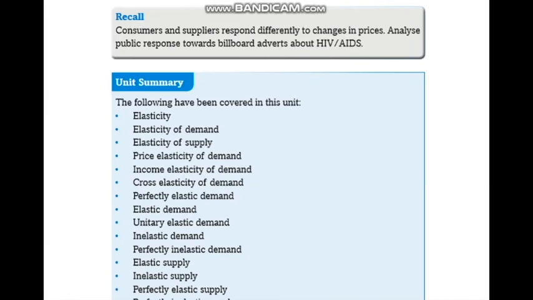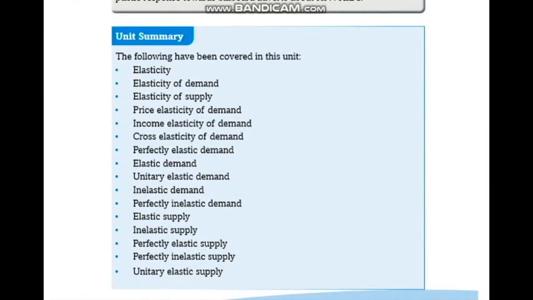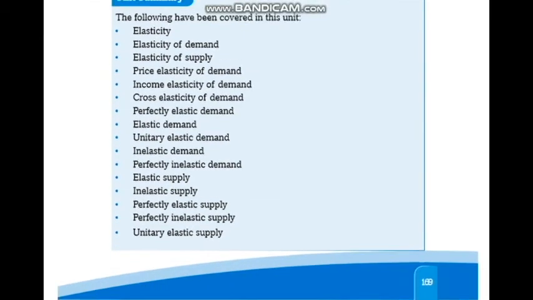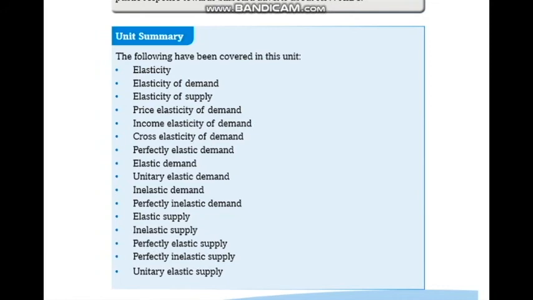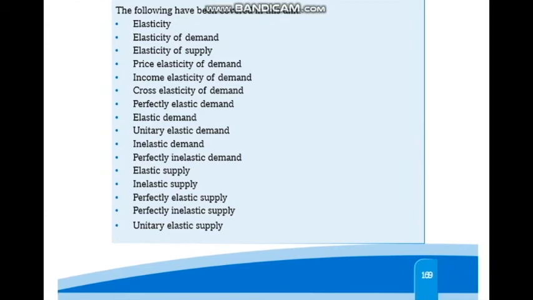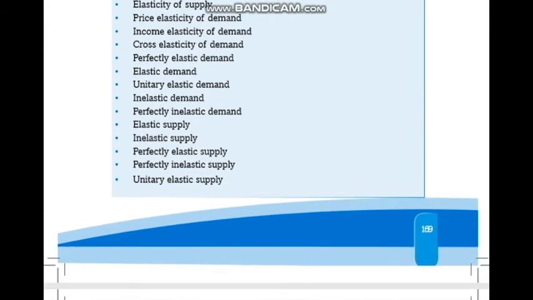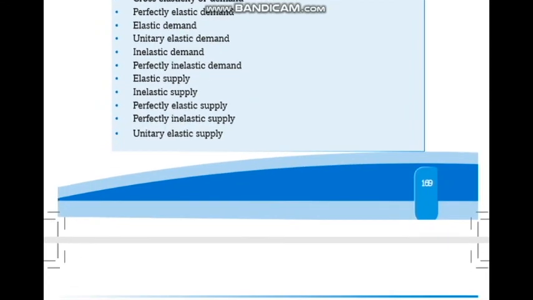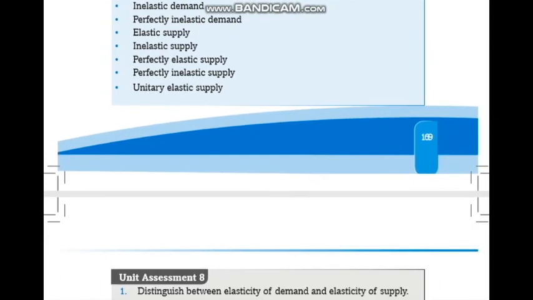So now we have what we have covered as a unit summary. We have covered the following: elasticity, elasticity of demand, elasticity of supply, price elasticity of demand, income elasticity of demand, cross elasticity of demand, perfectly elastic demand, unitary elastic demand, inelastic demand, perfectly inelastic demand, elastic supply, inelastic supply, perfectly elastic supply, perfectly inelastic supply, unitary elastic supply.